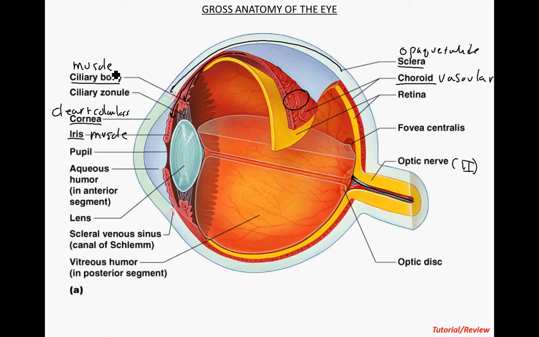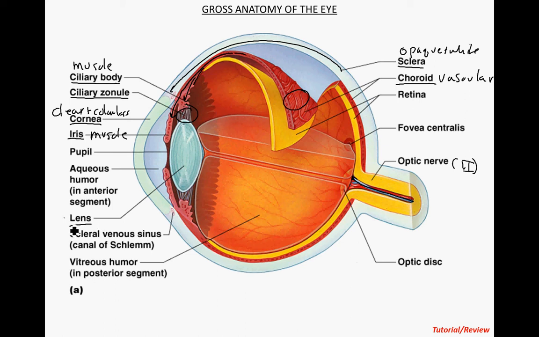Coming down from the ciliary body are the ciliary zonule. The ciliary zonule is a ring structure that goes all the way around the lens, which we'll talk about in just a second. The ciliary zonule are like tendon-like structures that support the lens. They're attached to the lens and to the ciliary body.